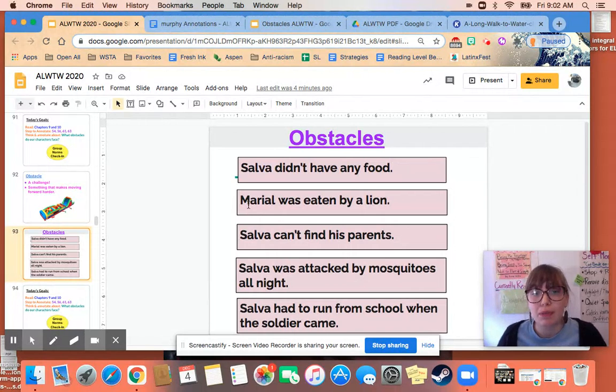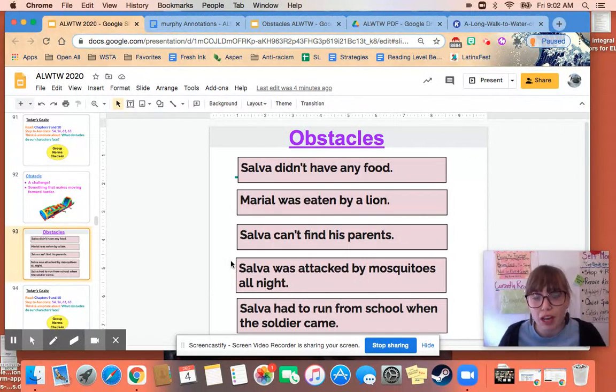His friend Mariel was eaten by a lion. Salva can't find his parents. Salva was attacked by mosquitoes all night. Remember, that just happened with the Nile. And then Salva had to run from the school in the very beginning when the soldiers came to his village. So these are a bunch of obstacles that Salva has faced in our story.